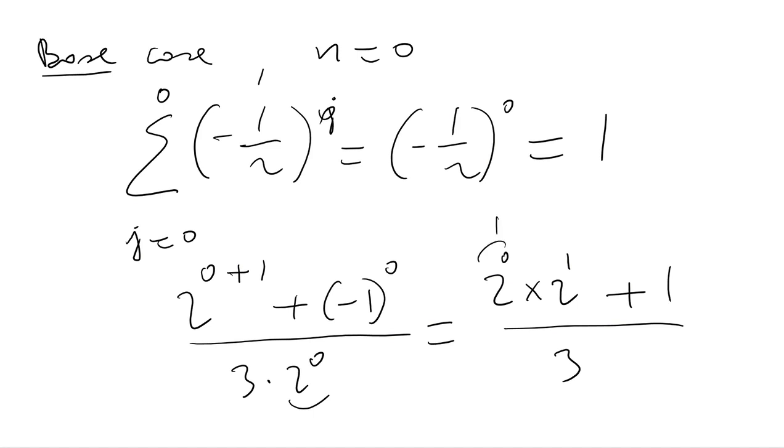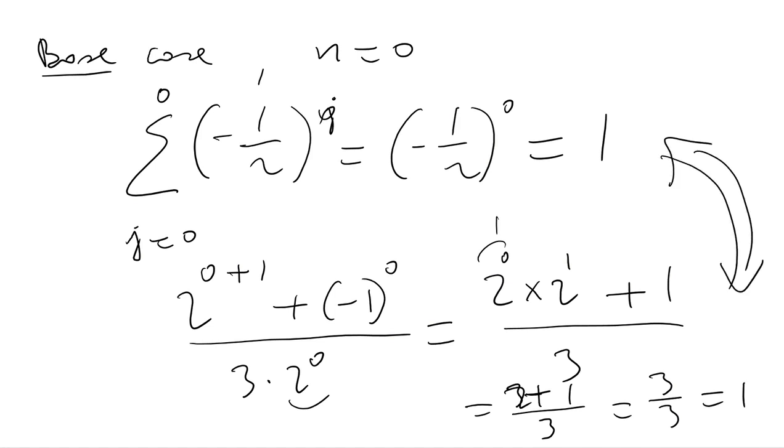So this is 2 plus 1 over 3, which is 3 over 3 equal to 1. So we can see that the left side and the right side are equal, therefore P of 0 is true, right?